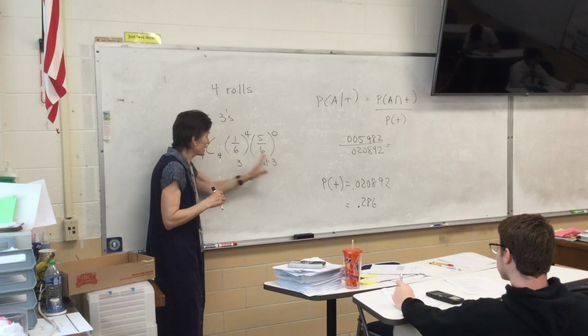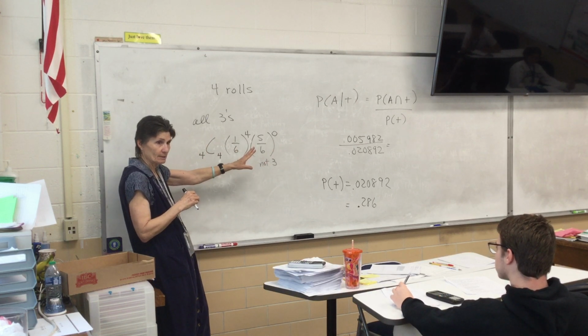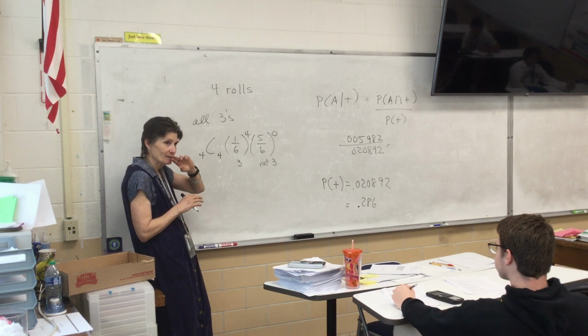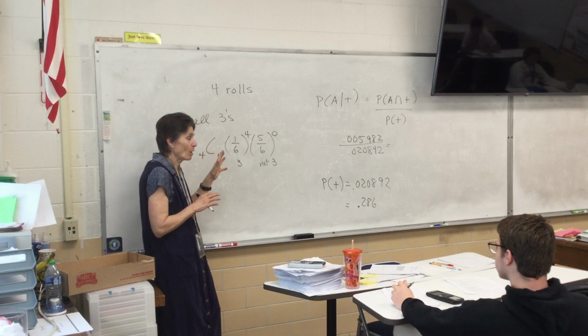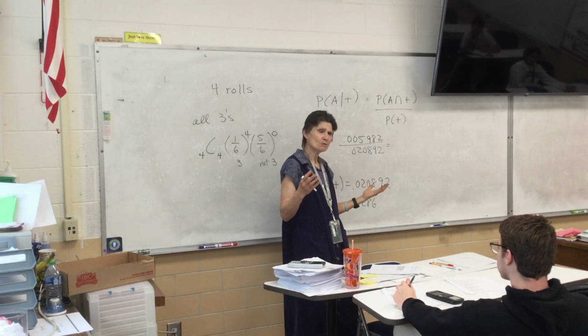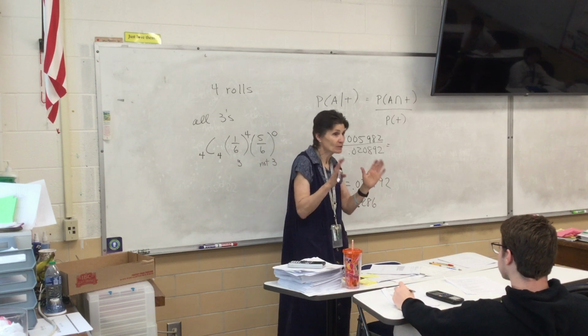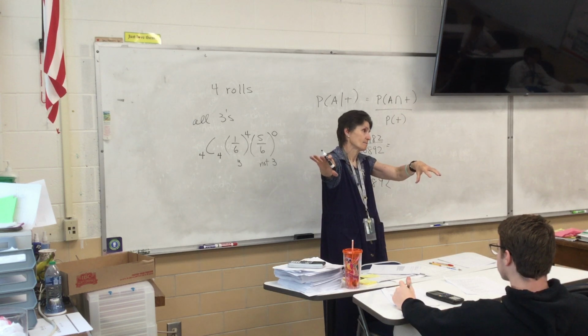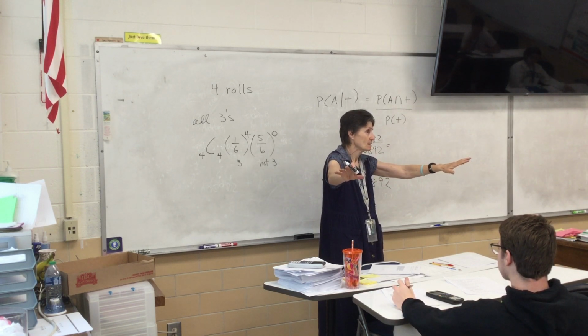Does that look at all familiar to anything else we did this morning? It's binomial expansion. This is called binomial probability because there's only 2 outcomes. You're saying, but you can get a 5. No, we're not talking about that. In this problem, we're getting a 3 or we're getting something else. Those are the only 2 outcomes.